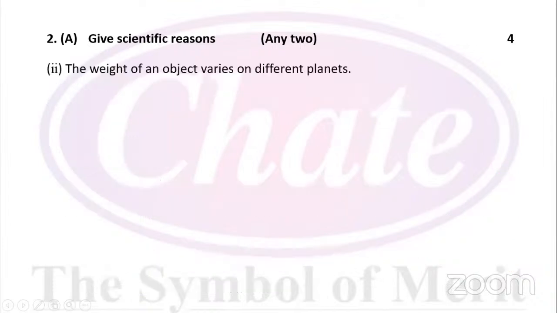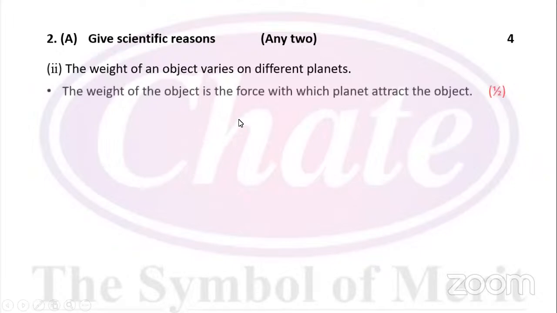Now, moving on to the next question. The weight of an object varies on different planets. Now, as we know, weight is a different thing and mass is a different thing. So let's see the first point. The weight of an object is the force with which a planet attracts that object. So in particular, in case of Earth, we call it the gravitational force, Earth's gravitational force. That is the force we are talking about when we talk about weight.